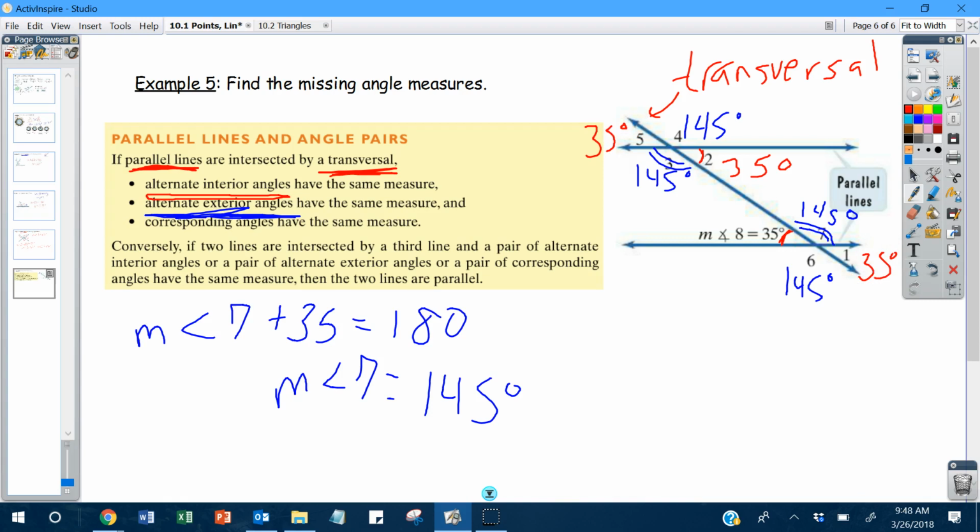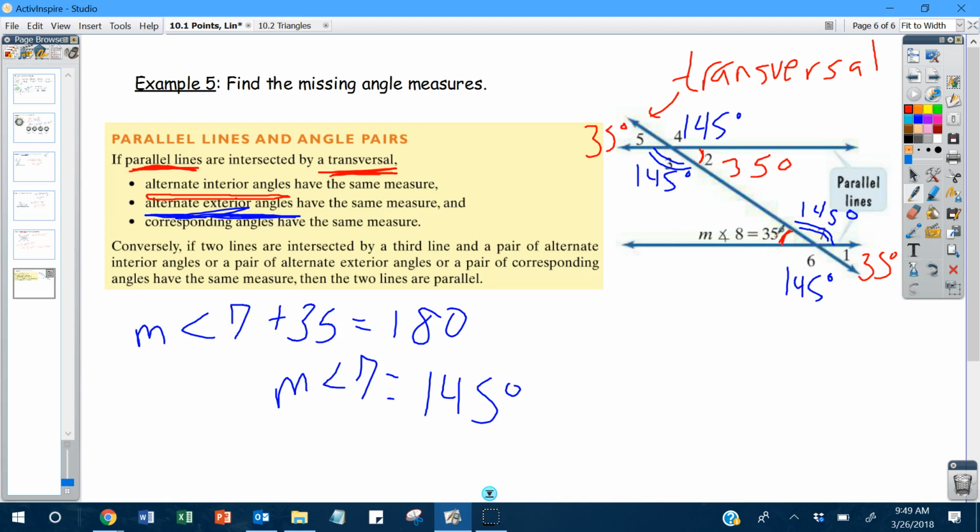So one of the nice things that parallel lines and a transversal give us is alternate interior angles and alternate exterior angles, and just with one of those, we can actually solve all these, because we got vertical angles, we got alternate interior angles, and so we can use all those pieces just to find these 8 angles. And all we started with was the measure of 1. They gave us the measure of 1. We use that to find the rest of them.